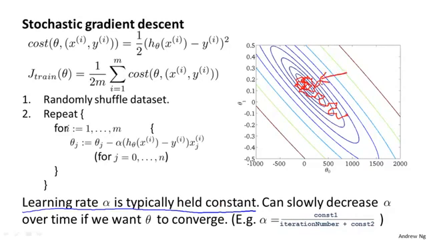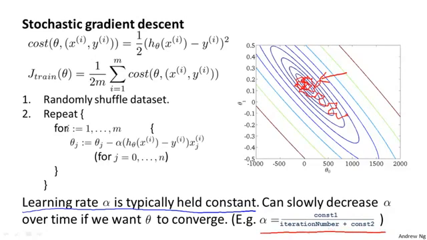If you want stochastic gradient descent to actually converge to the global minimum, there's one thing which you can do, which is you can slowly decrease the learning rate alpha over time. So a pretty typical way of doing that would be to set alpha equals const1 divided by iteration number plus const2.